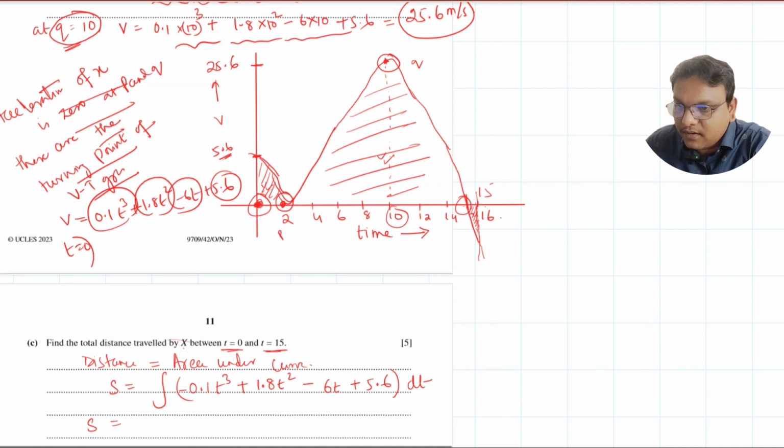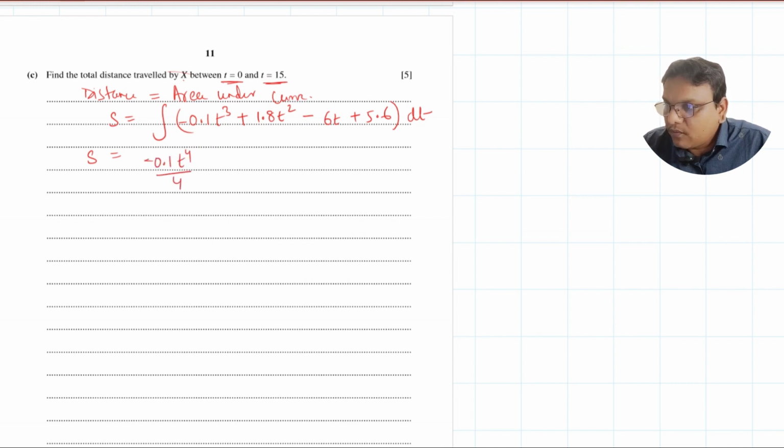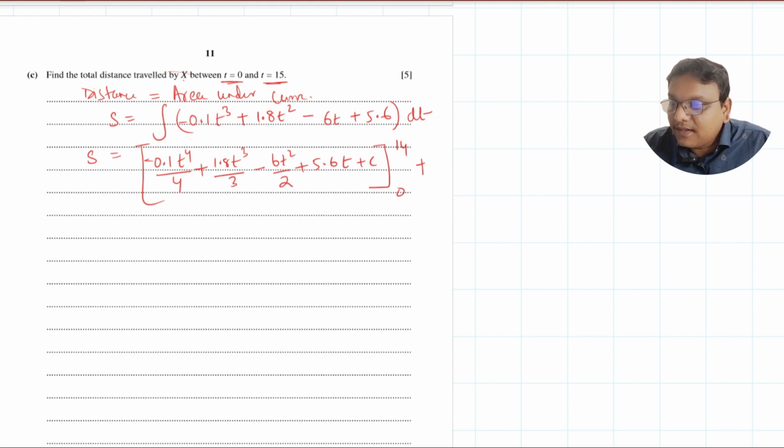So let me make a space here. When you integrate this one, you will get minus 0.1 t power 4 over 4 plus 1.8 t cube over 3 minus 6t squared over 2 plus 5.6t, plus constant, and for this one I will take the limit from 0 to 14, plus, again, but in distance we have to take the absolute value.